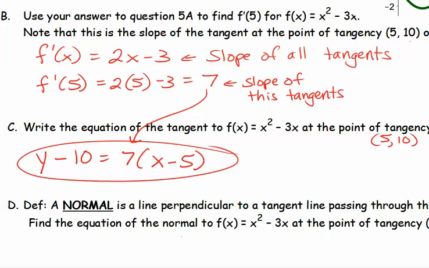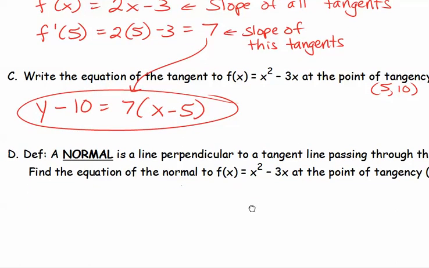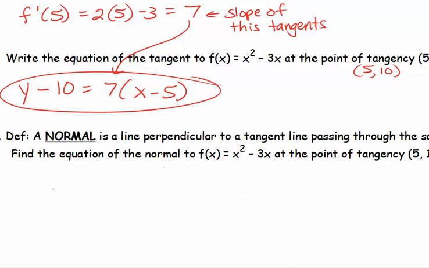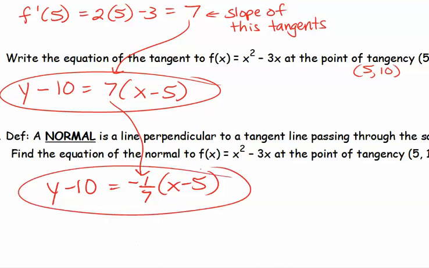And our last question, which I've kind of cut off the screen here, is the slope of the normal at the same point. Well, it has the same point of tangency, so there's nothing to it. The only thing that we have to change is that this line is perpendicular to the tangent, so we use the opposite reciprocal slope for the equation of the normal.